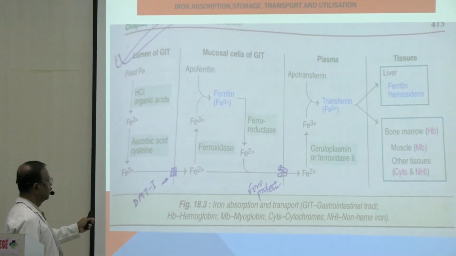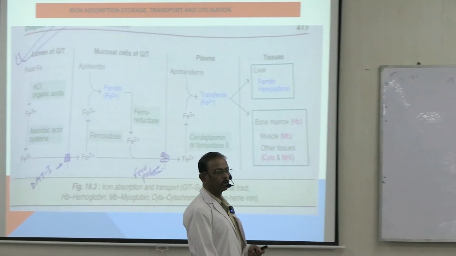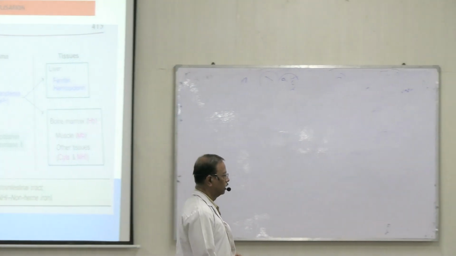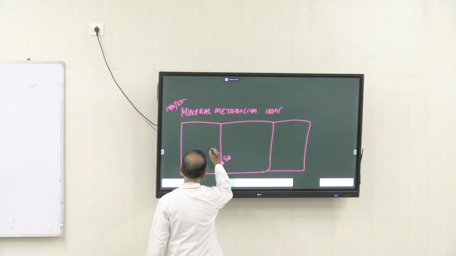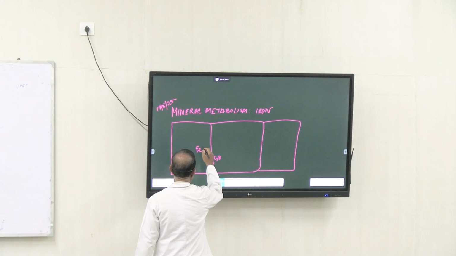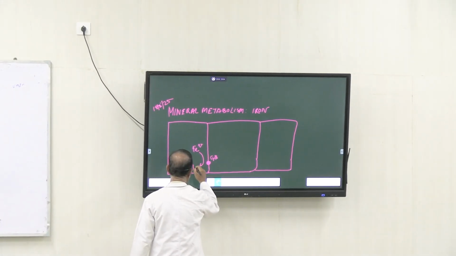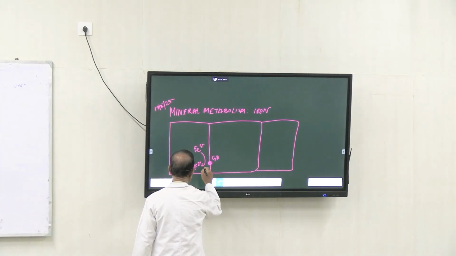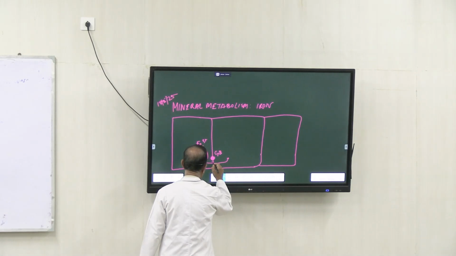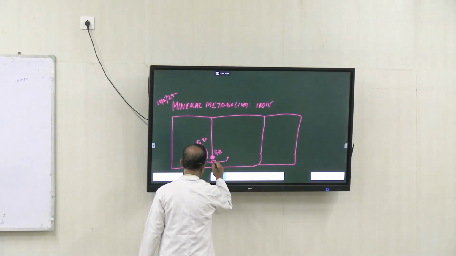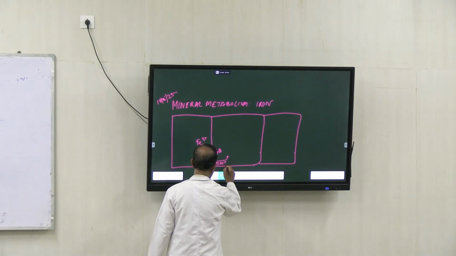Now, it will be carried to the inside of the cytosol of the enterocyte, that is carried by a special protein called divalent metal transporter 1.